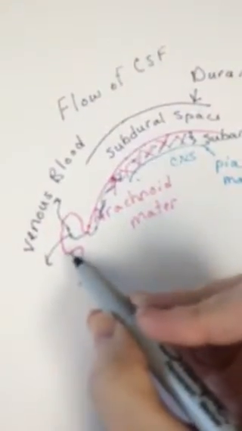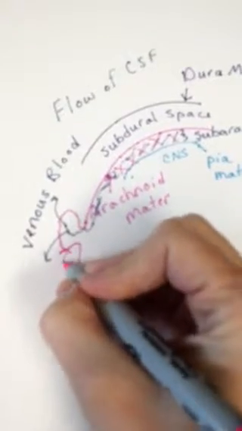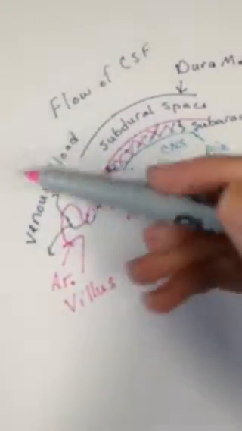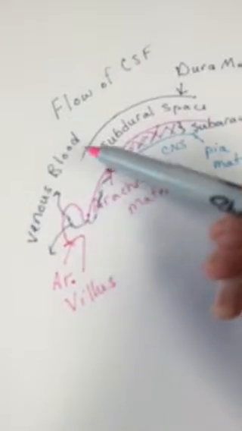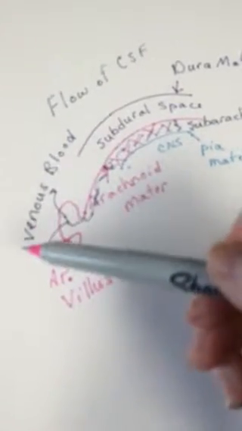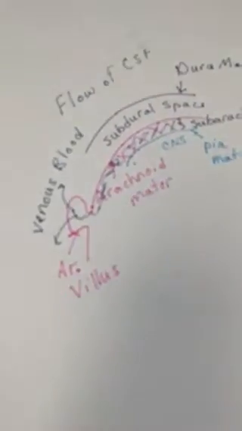So what is the name of that structure? That is an arachnoid, abbreviated, villus. Do you remember the name of the blood vessel that has the venous blood supply that CSF is going to rejoin? That is called the superior sagittal sinus.